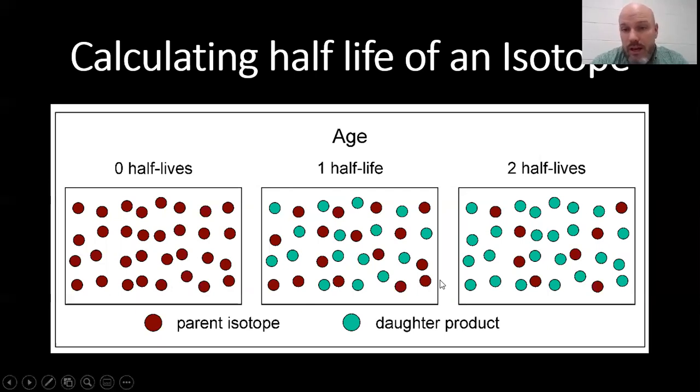After two half-lives, you only have a fourth of your parent isotope left, and the rest of your sample has decayed into the daughter product. So every half-life is half of the amount you had in the previous half-life. So if we were to go to three half-lives, we would only have 1/8 of the original sample left.